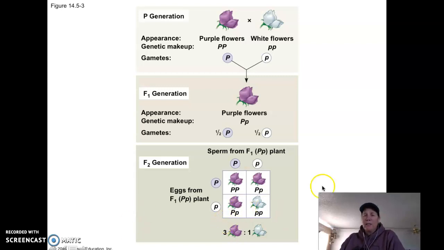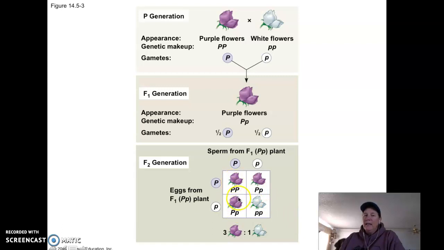This is called a Punnett square. You take your genes, or your alleles, which is a better name for them, and from this plant you get a big P and a little p. Since we cross these two together, you just fill in the boxes.